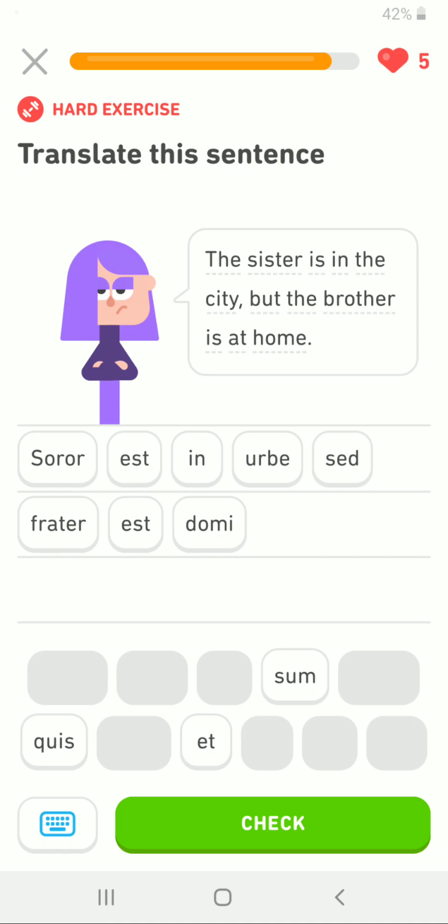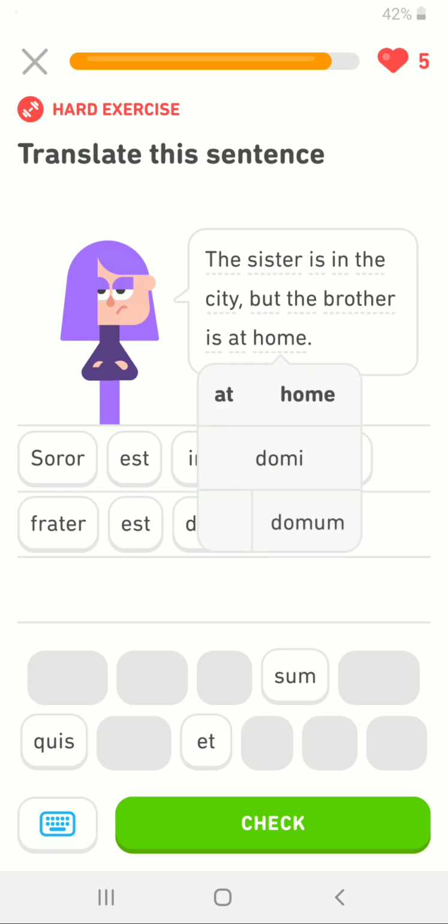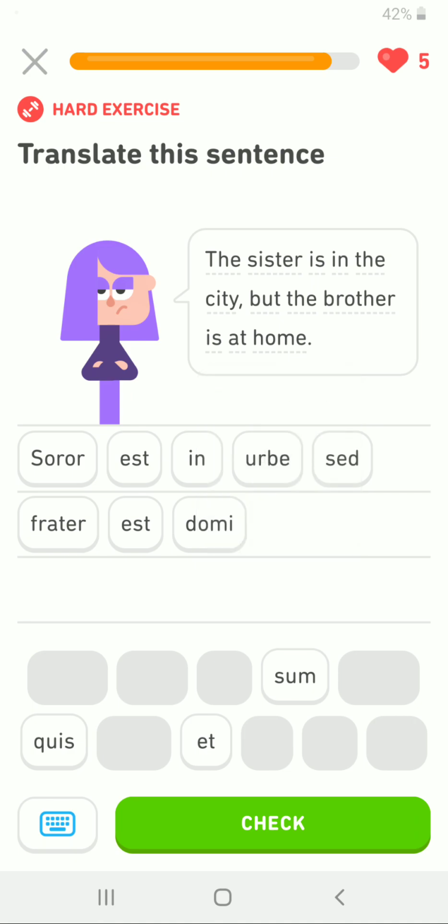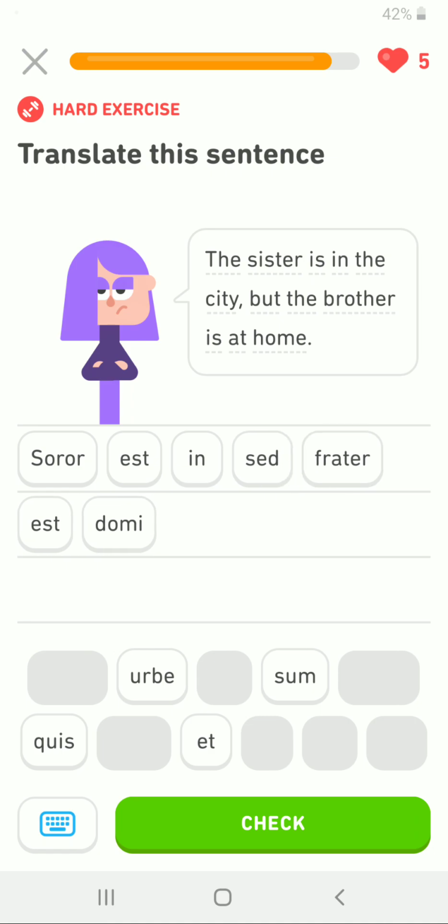Here we see that city does not change, the ending does not change, whereas for home, which is domum, if you want to say at home, you say domi. Urbe. I have to try to put this back.